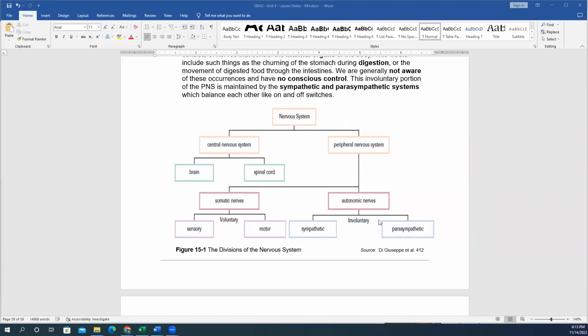And we are generally unaware of these types of happenings, and have absolutely no conscious control. These are completely involuntary. So this involuntary part of the peripheral nervous system is maintained by the sympathetic and also the parasympathetic system, which balance each other, very similar to on and off types of switches.